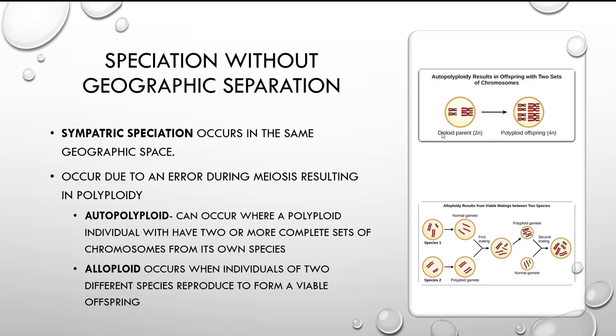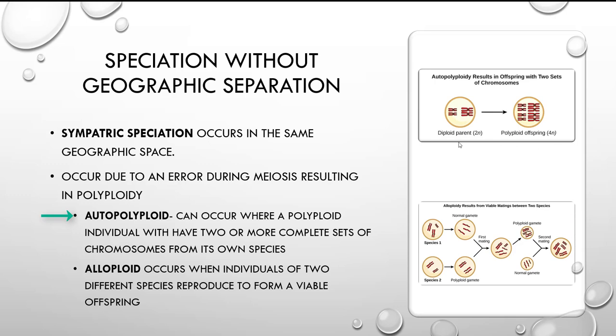So we can end up where we have a diploid parent who undergoes meiosis, but for whatever reason, the meiosis doesn't quite work out the way it's supposed to, and it doesn't divide. And so the gametes end up being diploid instead of haploid. So you end up with 2 or more complete sets of chromosomes.